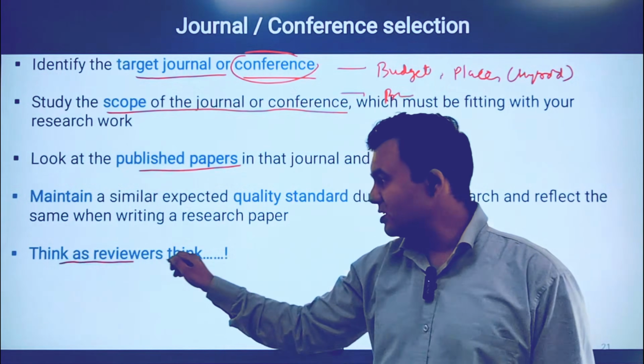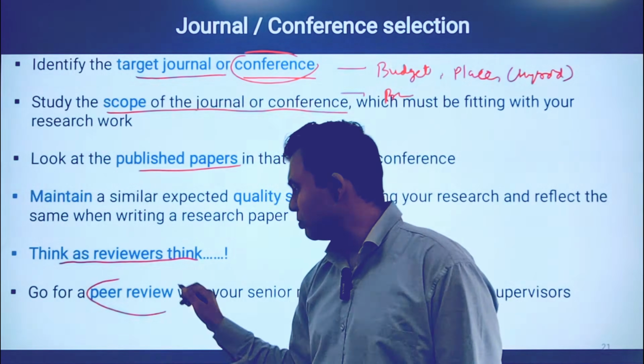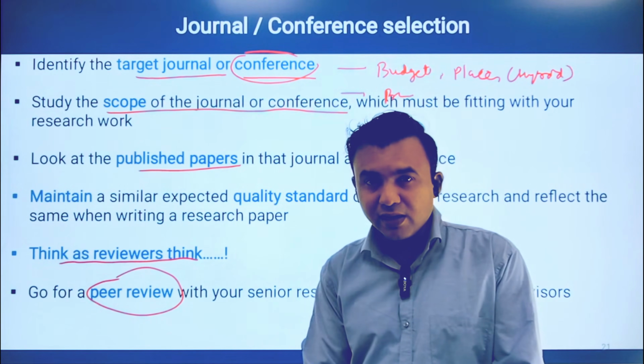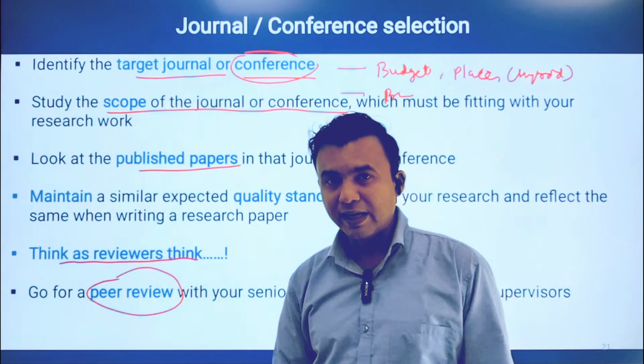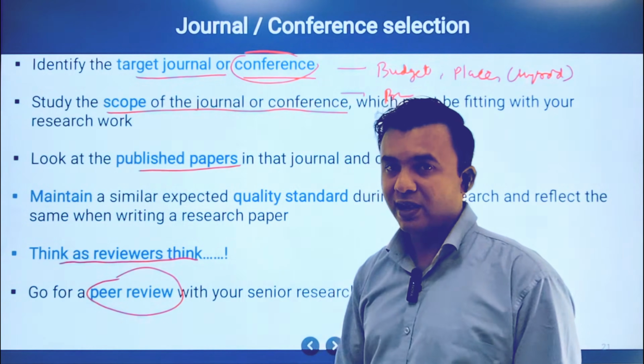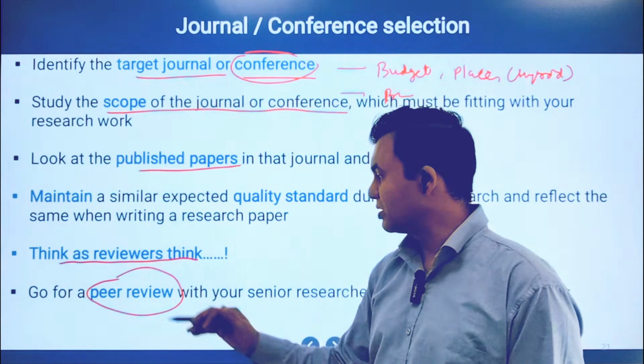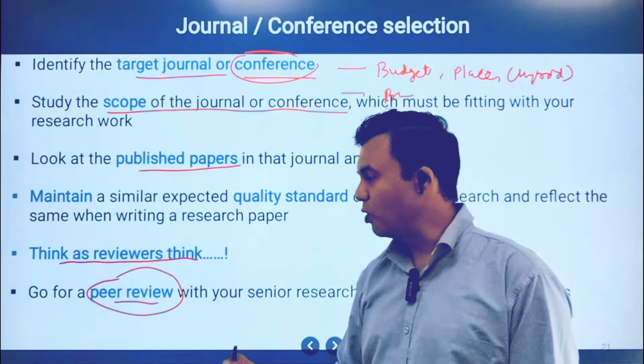Think as the reviewers think. Go for a peer review also. Think about what reviewers can comment about this article, and try to solve those questions even before they send you a review, so that the number of questions in the review will be fewer.